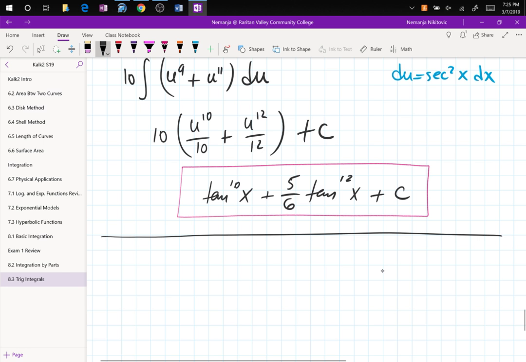We'll do the true problem. Well, it's not that hard if it's a definite integral, because all you're doing is plugging in the x, top minus the bottom.